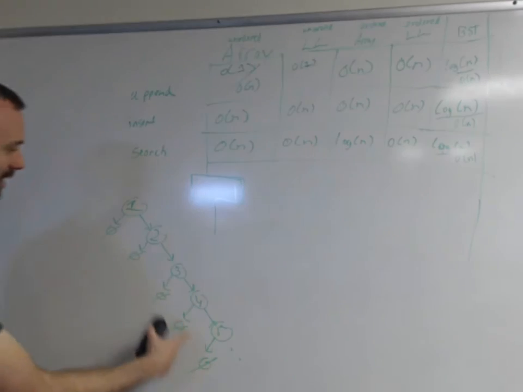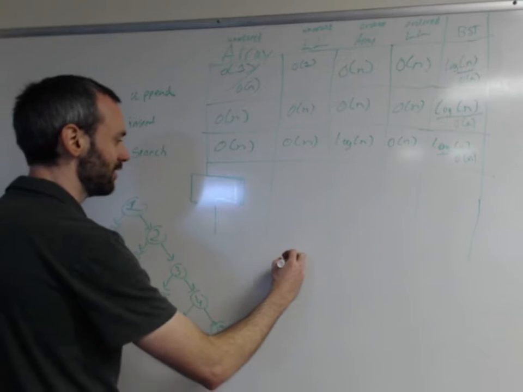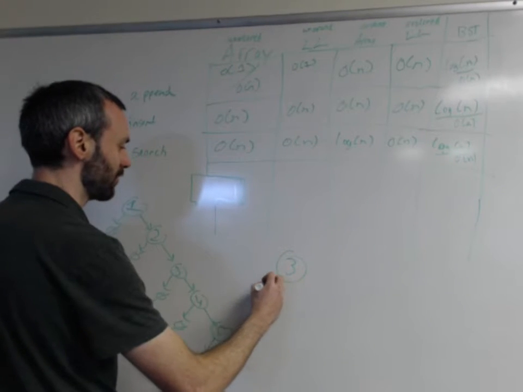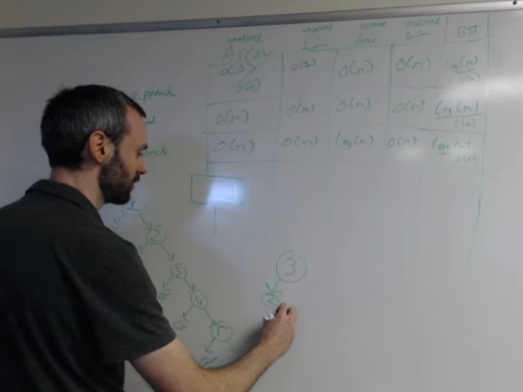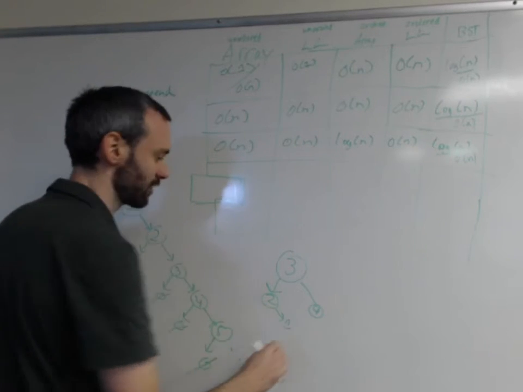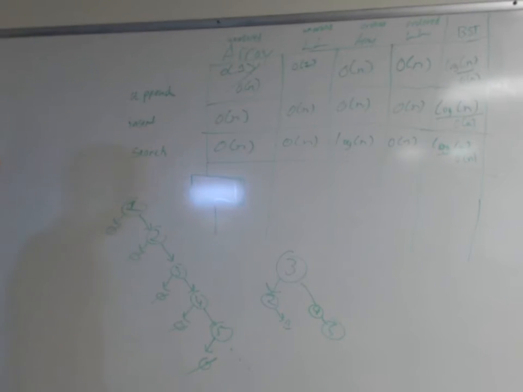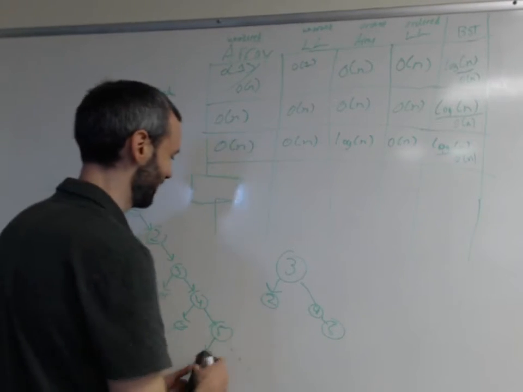So in this situation of just these 5 values, we could have a binary tree be 3 pointing to 2, which then could point to 1. This guy could point to 4, and then you could point to 5. I said the 1 would be on the left of the 2. Whatever. It's bothering me.